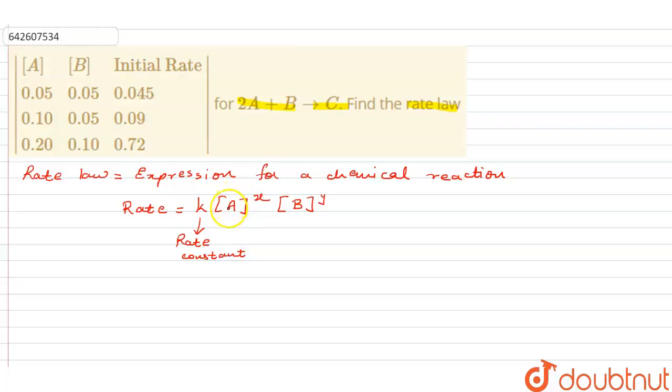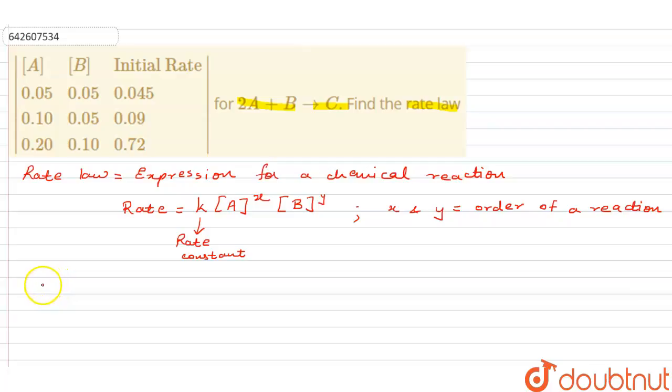Concentration of A is obviously the concentration of the reactant in this case. Also, B is a reactant. And X and Y are simply the orders of the reaction, whether it's first order or second order.